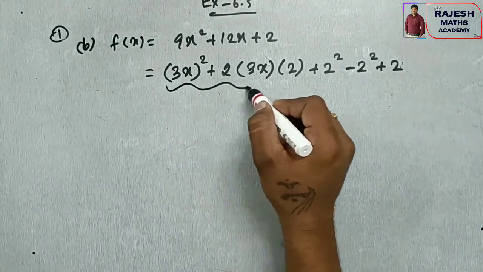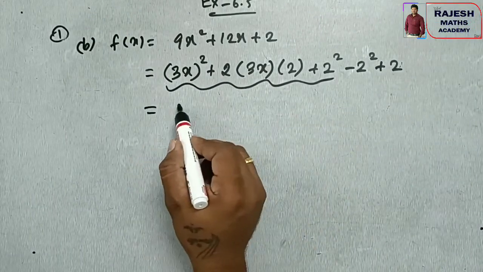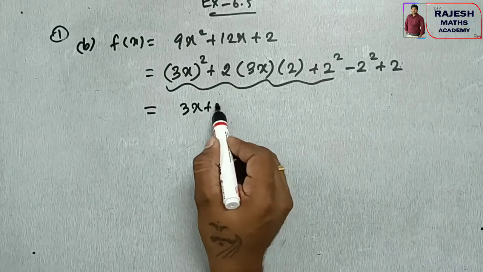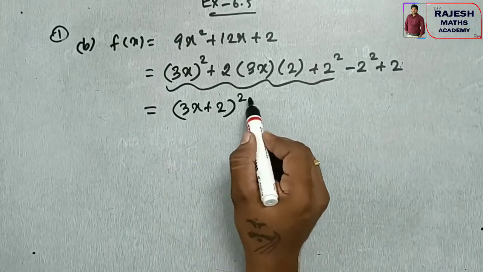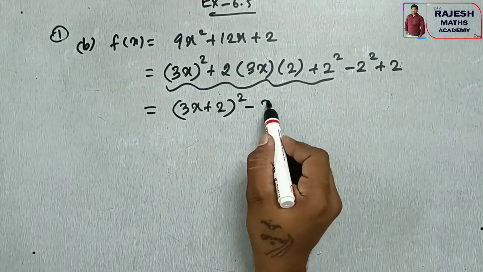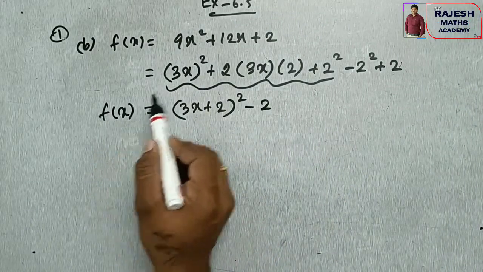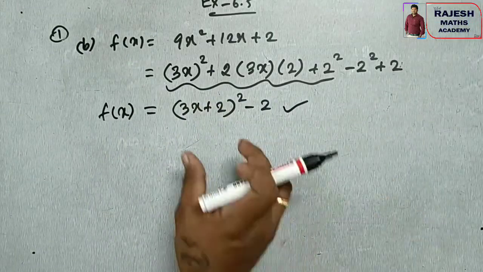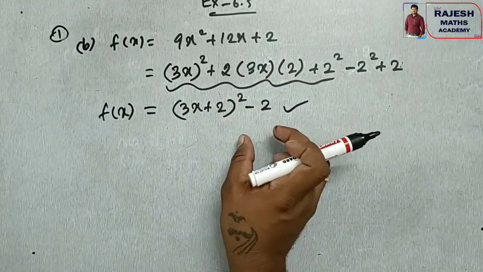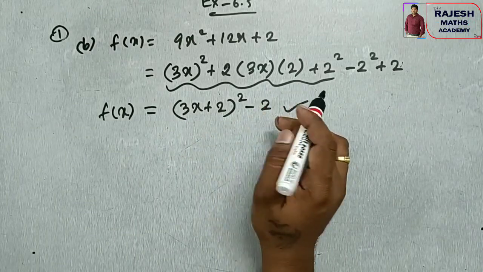This value equal to a square plus 2ab plus b square, which is nothing but (a plus b) whole square. So (3x plus 2) whole square minus 4 plus 2, total value equal to minus 2. So clearly my f of x is simplified to a square plus or minus a constant form.